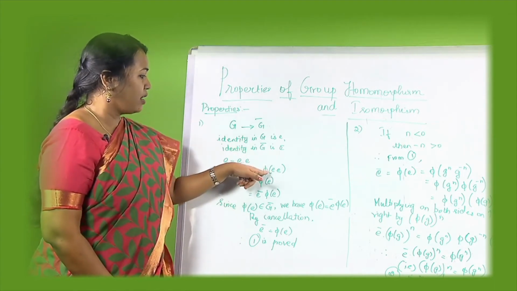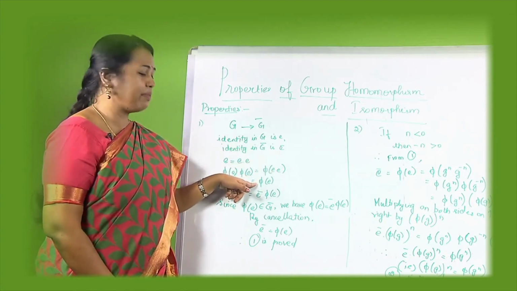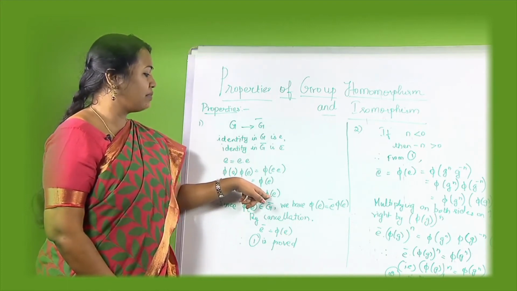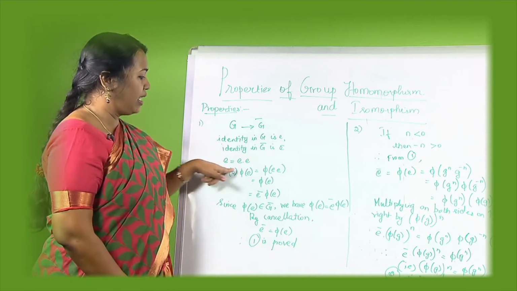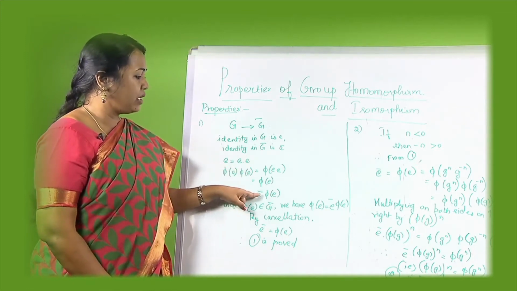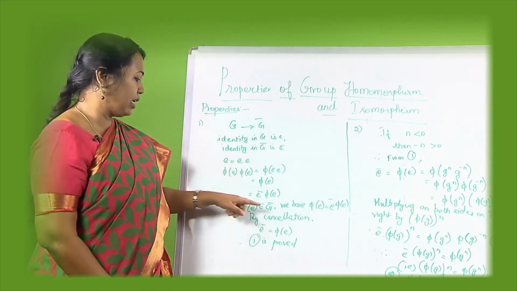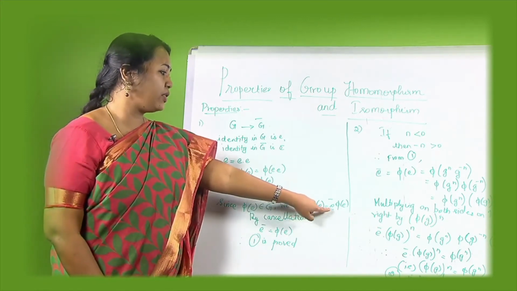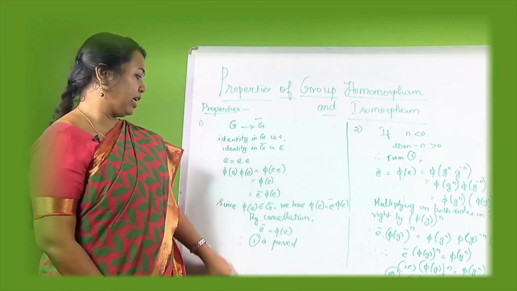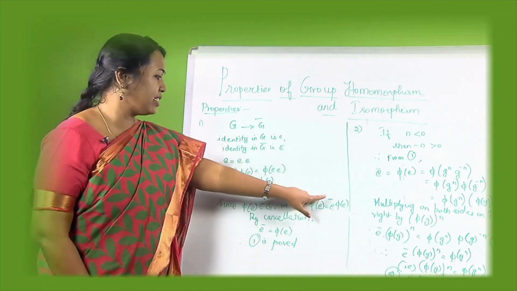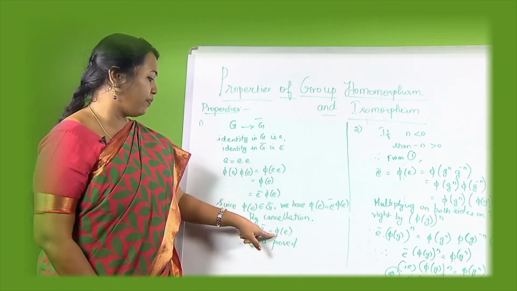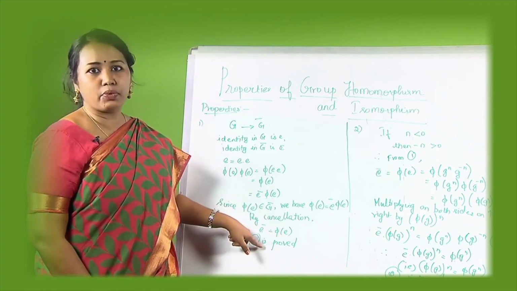Therefore, phi of e times e is the same as phi of e, and that is nothing but e bar times phi of e. Now, phi of e times phi of e is equal to e bar times phi of e. Since phi of e belongs to G bar, we cancel phi of e on both sides. We get e bar is equal to phi of e, and therefore 1 is proved.